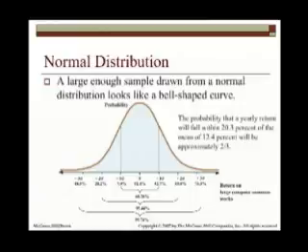About 95% of the observations lie within 2 standard deviations from the mean, and about 99%, almost 100%, of the observations lie within 3 standard deviations of the mean. In the literature, you'll hear people talk about a 2 sigma event, or a 3 sigma event, or a 4 sigma event. By a 3 sigma event, someone would mean an event that is 3 standard deviations away from the average and is quite unlikely to happen.